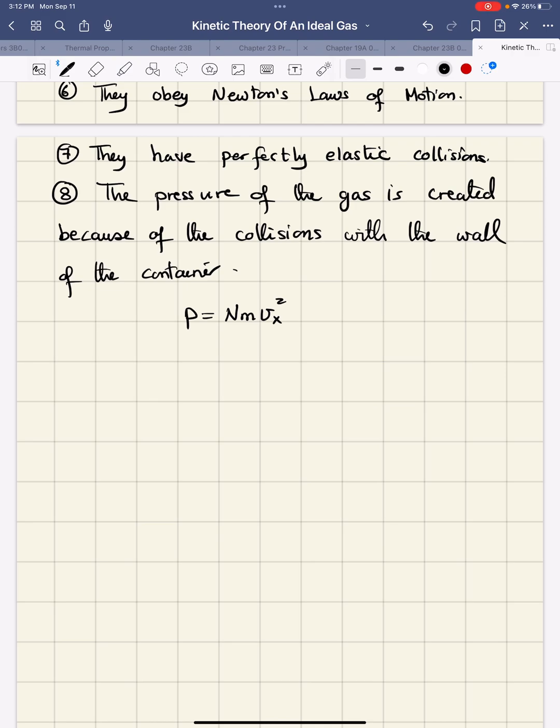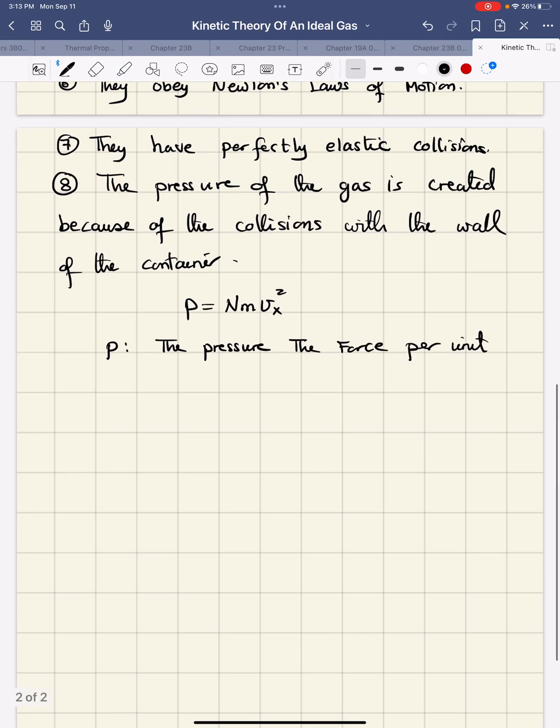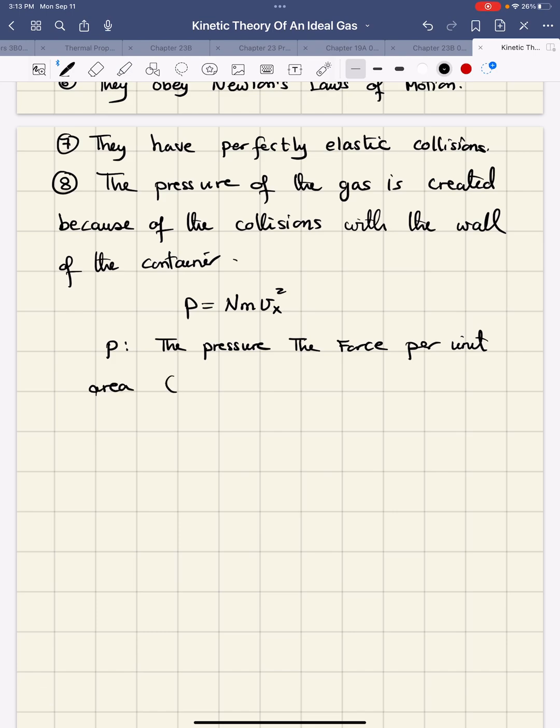And here I want to pause and say that P here is the pressure, which is defined as the force per unit area. It is measured in pascals.